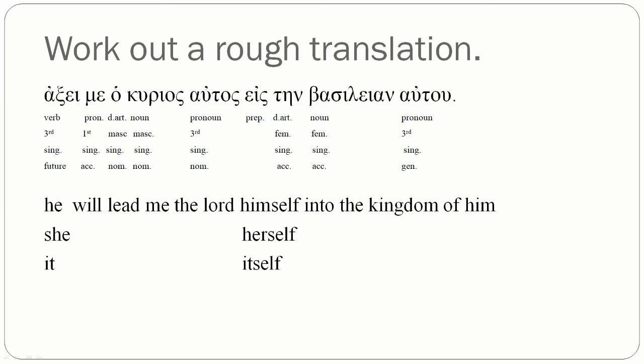Autos is outside of that article noun group. So remember what happens. If you have autos, it agrees with the article and the noun in gender, number, and case, but it is standing outside of that article noun grouping. Okay, that means it is in the predicate position, and therefore it means the Lord himself.